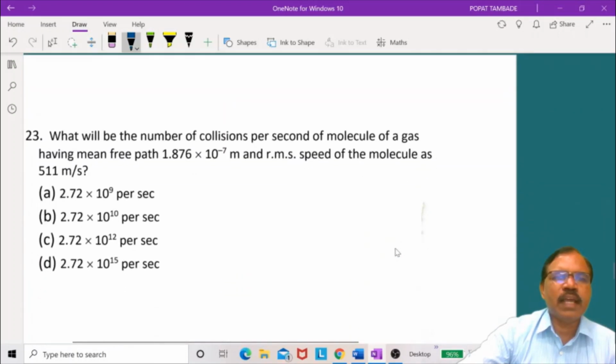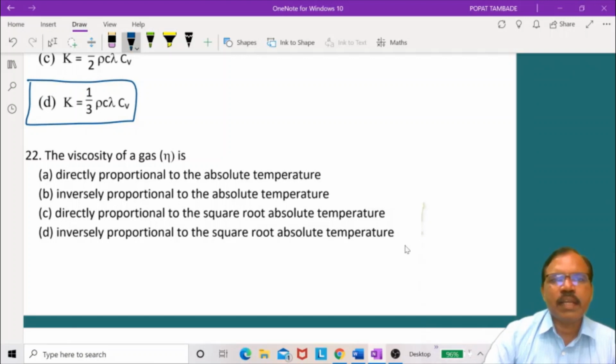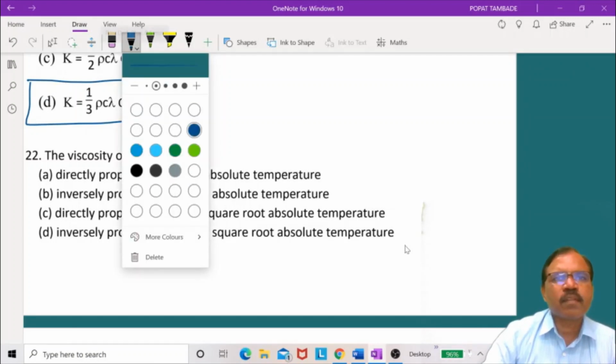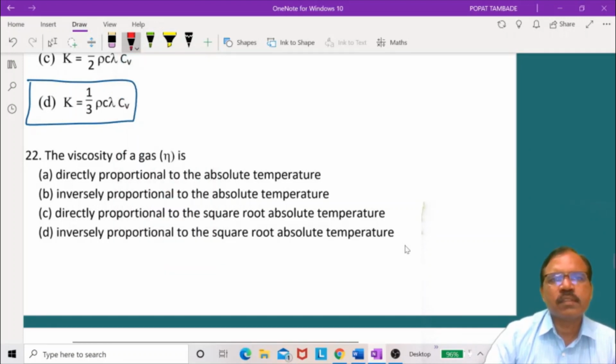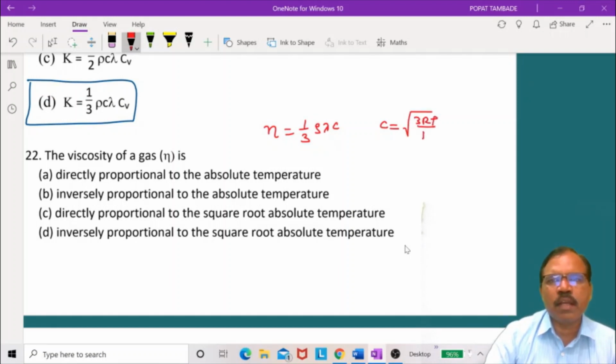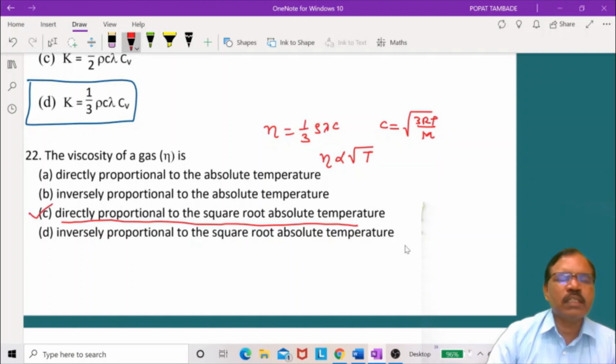Eta is given as 1/3 rho lambda into C. Now C is equal to root of 3 RT upon M. So if we use this here, we will observe that eta is proportional to root of T. So eta is directly proportional to the square root of absolute temperature. So this third one is correct.